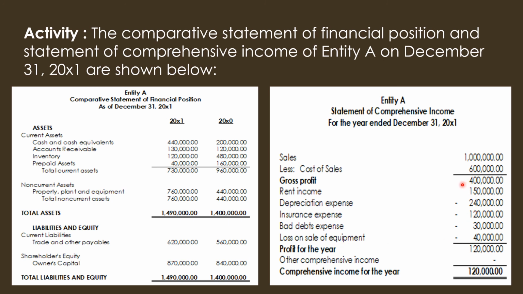So, ang ginawa lang dito, gross profit plus rent income minus depreciation minus insurance minus bad debts minus loss on sale equals your profit for the year. And then for other comprehensive income, wala namang given, so 0. Our total comprehensive income for the year is 120,000 pesos. While discussing this, you should be having the copy of your comparative FS, financial position, and your statement of comprehensive income para masundan mo siya throughout.